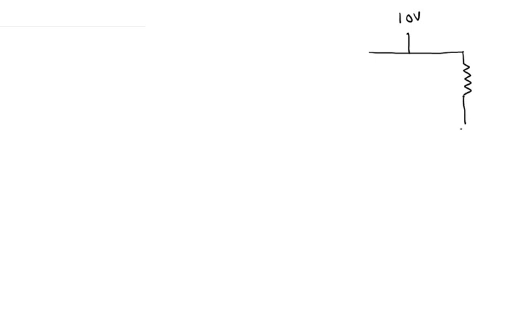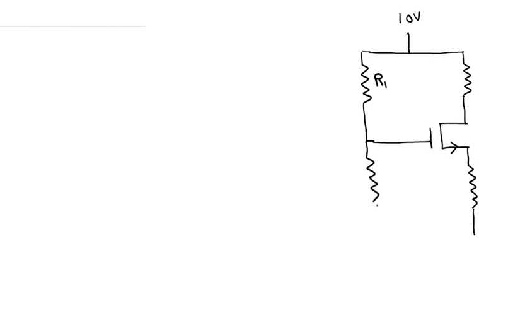We have a drain resistance here, and then this N channel MOSFET, and then another source resistance here, and here we have a resistance R1, and here a resistance R2. And this point is grounded.